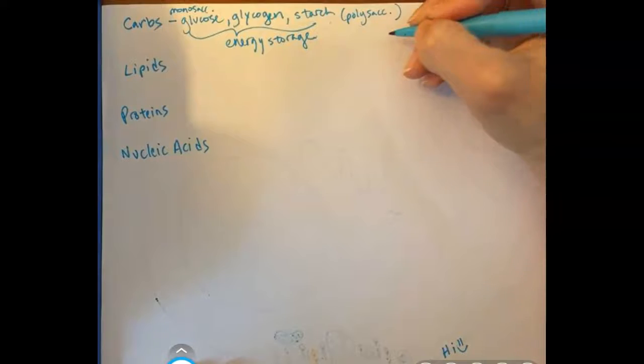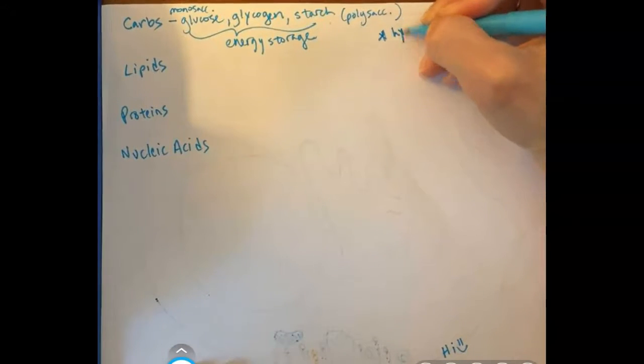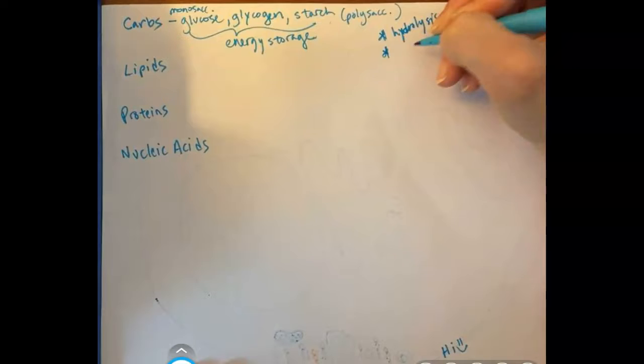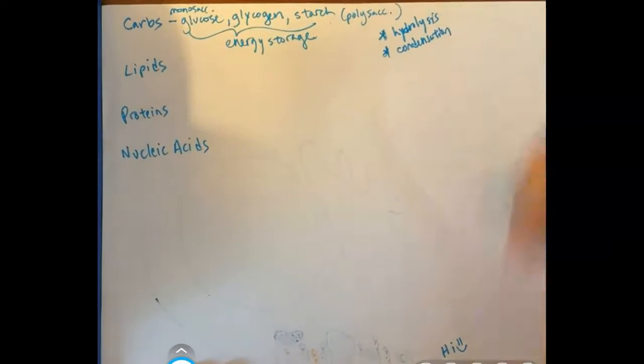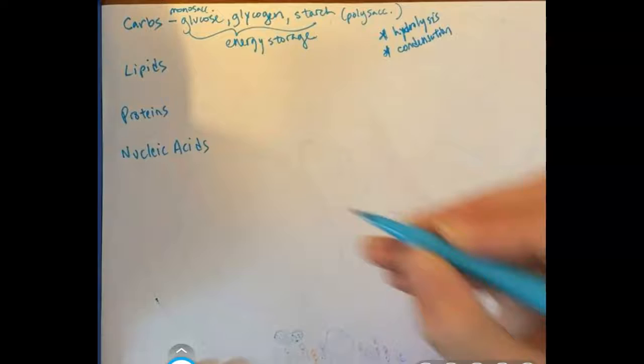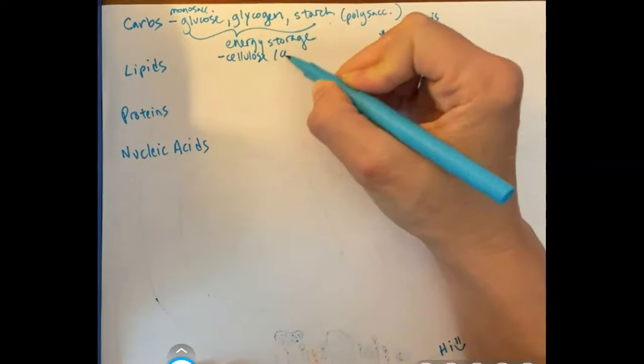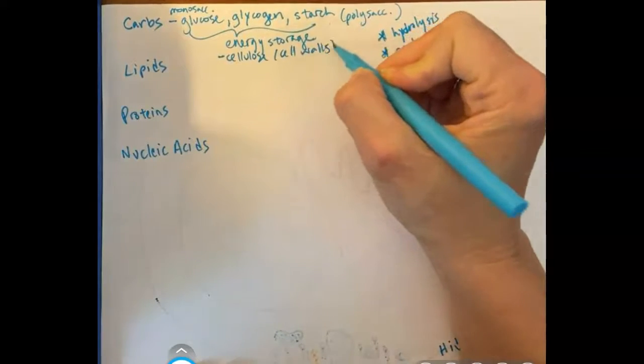At this point, you might want to think about reviewing hydrolysis reactions and condensation reactions, also known as dehydration synthesis. We also have cellulose, which makes up cell walls in plants.